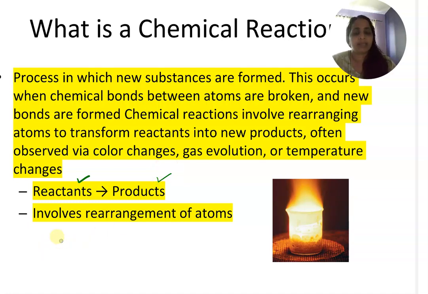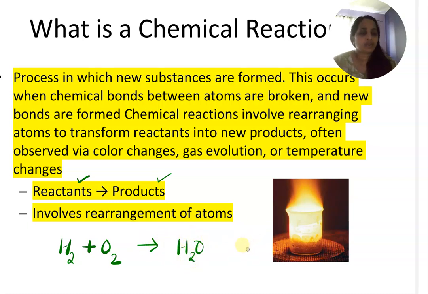For example, if we consider formation of water from hydrogen and oxygen. If hydrogen and oxygen combine together, you will get water. So in this reaction, you can try to identify what are the reactants here and what is the product. Yes, exactly.